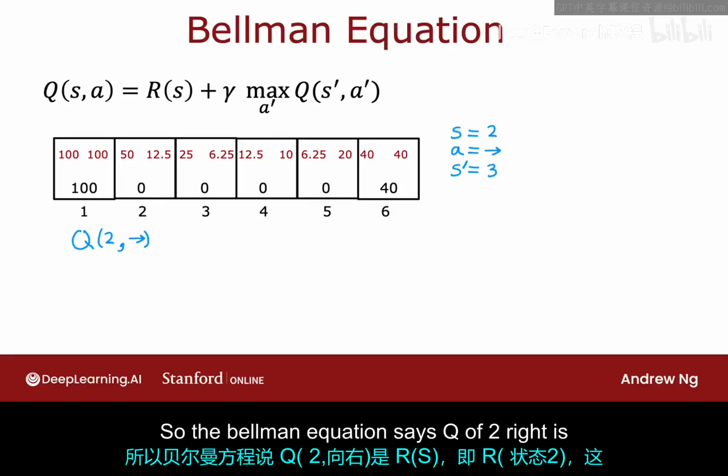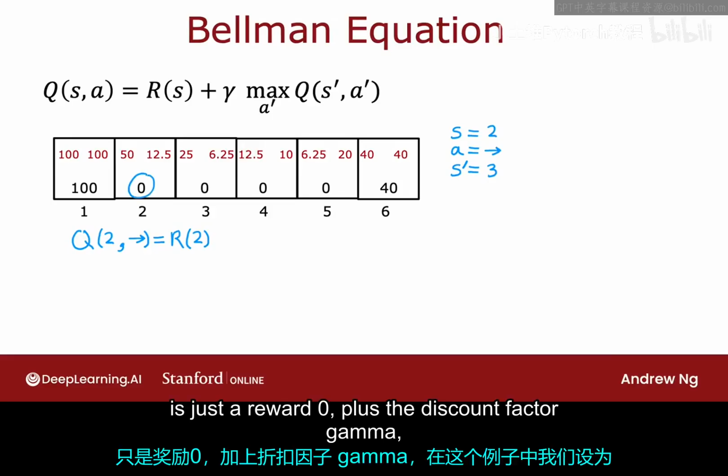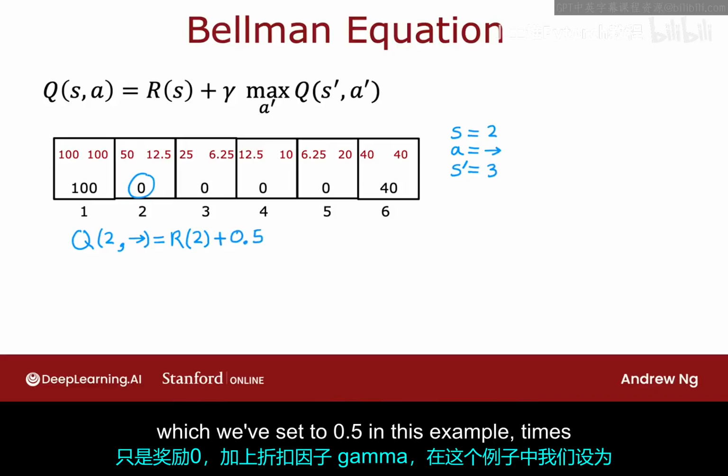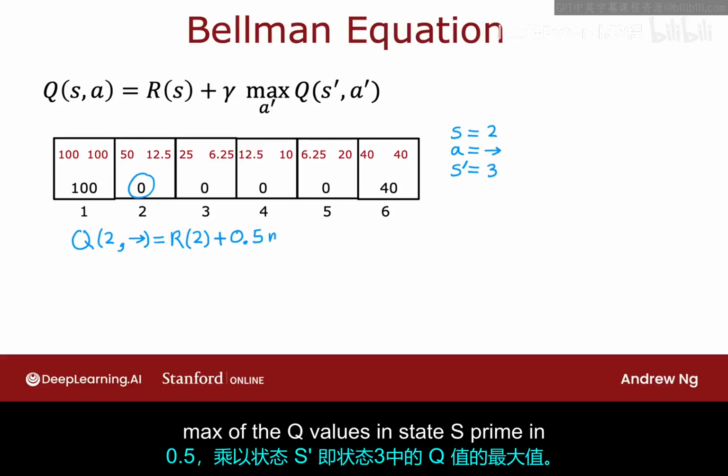So the Bellman equation says Q of 2, right is R of S, so this is R of state 2, which is just the reward 0, plus the discount factor gamma, which we've set to 0.5 in this example, times the max of the Q values in state S prime, state 3.